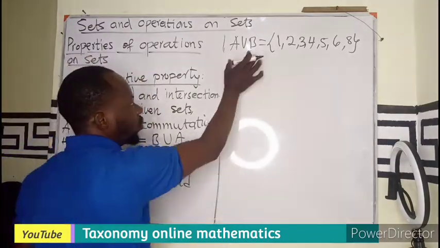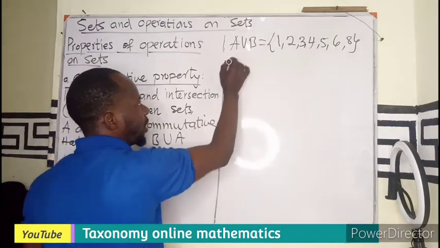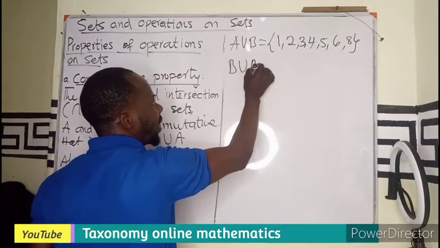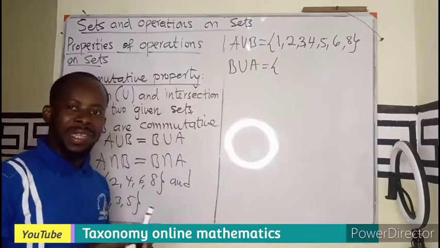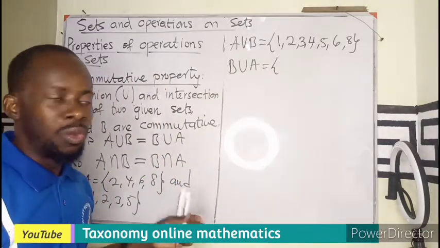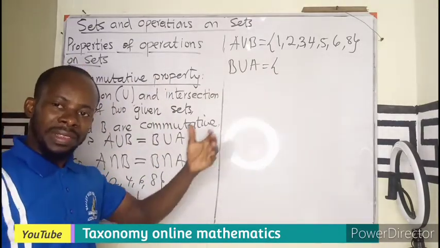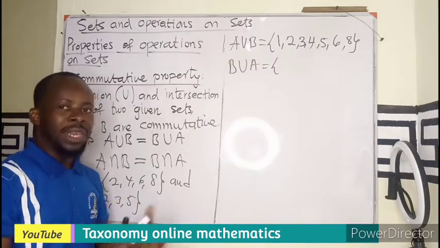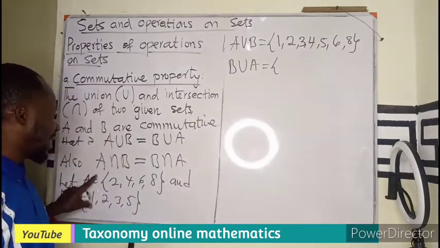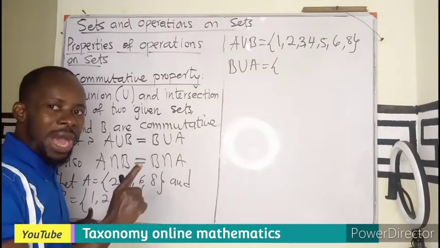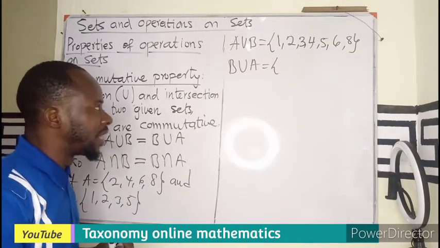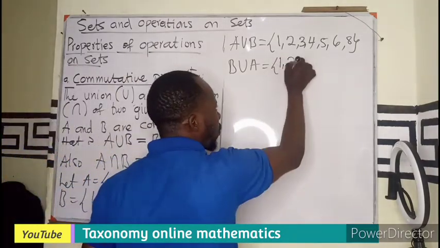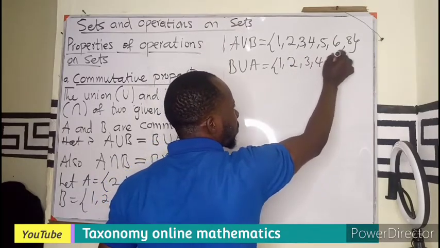What if we want to change the order, meaning B union A? Still, it is a combination of the two sets. We are combining set A and set B, writing in order. We can see that 1 will still be the smallest number, and the order we have remains the same.